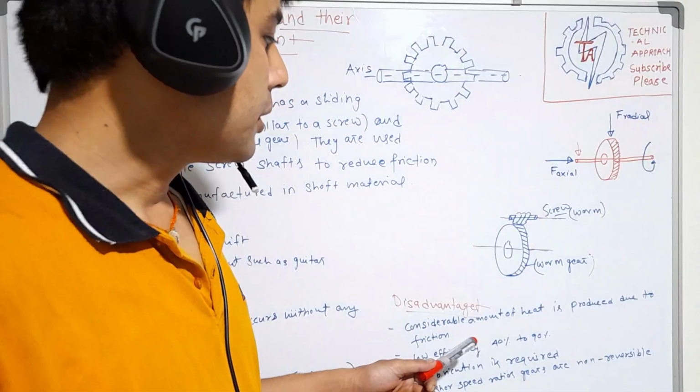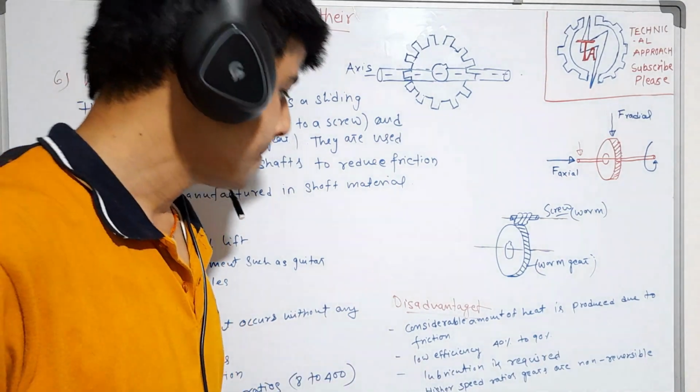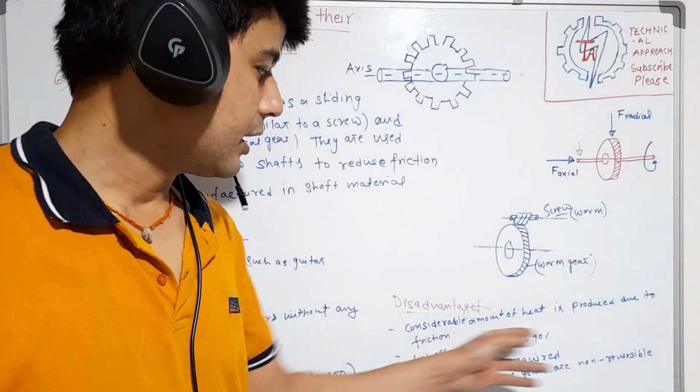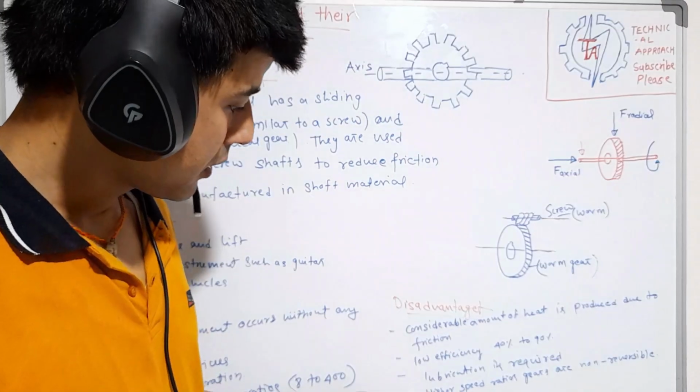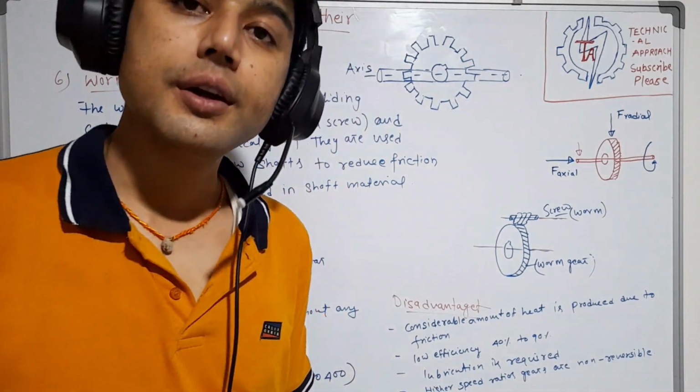A considerable amount of heat is produced due to friction. Low efficiency 40 to 90%. Lubrication is required because of friction. Higher speed ratio gears are non-reversible.